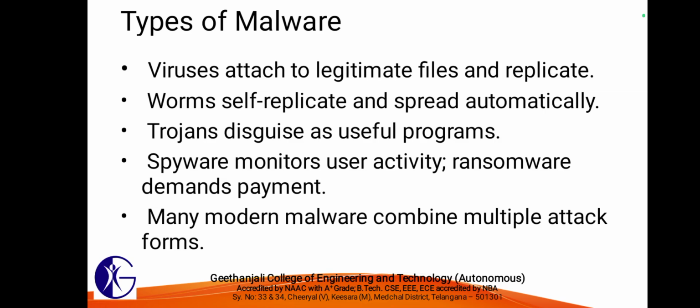Spyware secretly monitors user activity, while ransomware encrypts files for ransom. Modern malware often combines multiple techniques. For instance, a Trojan may install spyware after infection. Thus, recognizing the type of malware helps in applying the right countermeasures.